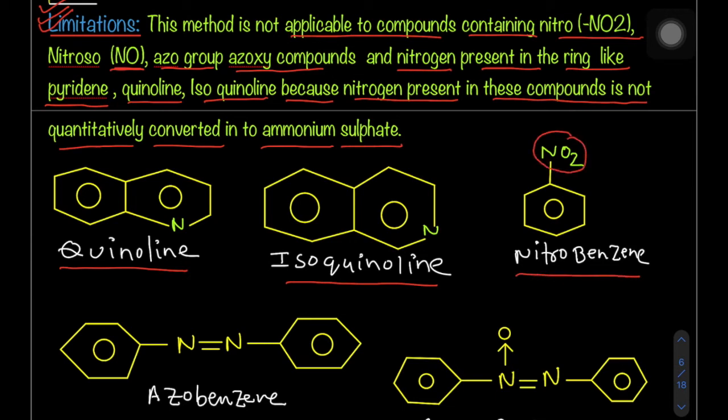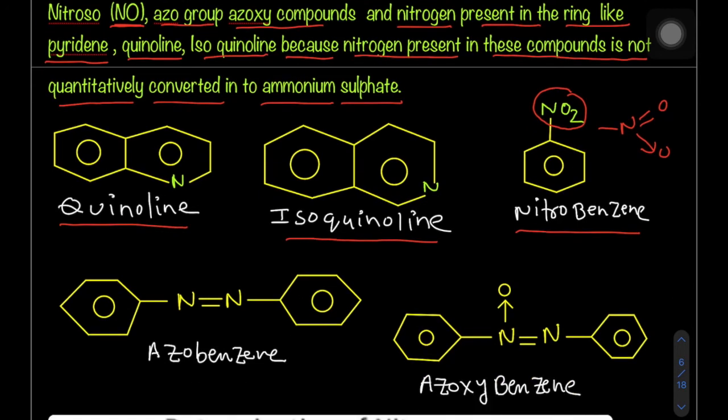Nitrobenzene: here the nitrogen is present in the nitro functional group. Now here azobenzene, next azoxybenzene. So these are the compounds which do not give Kjeldahl's method estimation of nitrogen. This is very, very, very important.